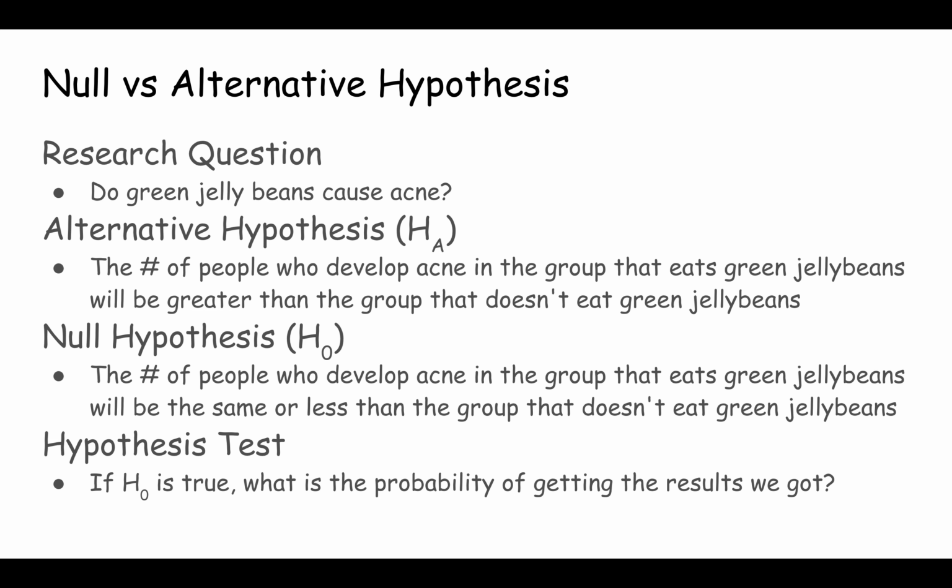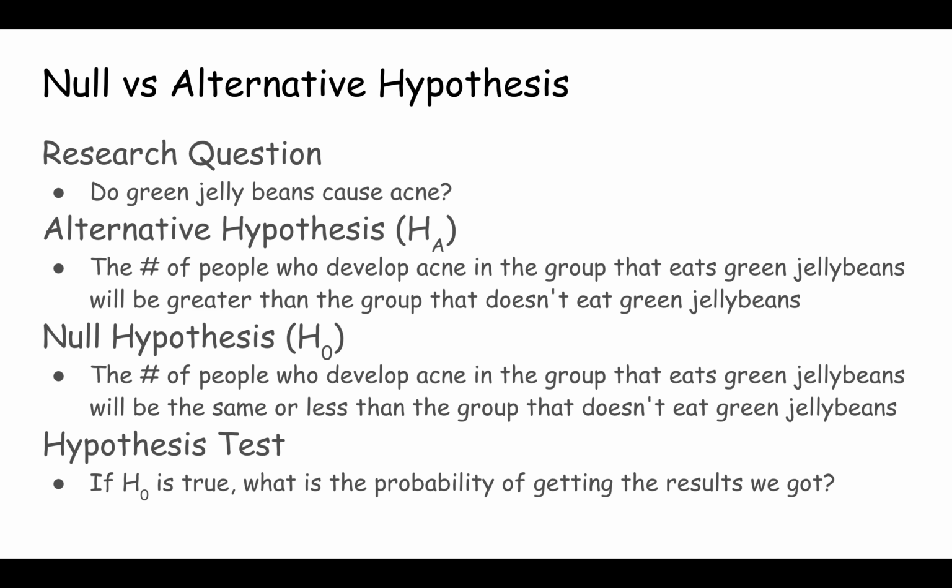So at the end of the study, we will have two groups of people. One group ate green jelly beans, one group didn't. We'll look at how many people in each group developed acne, and we'll do the hypothesis test.